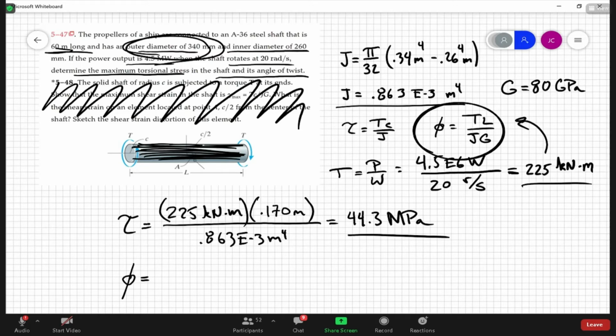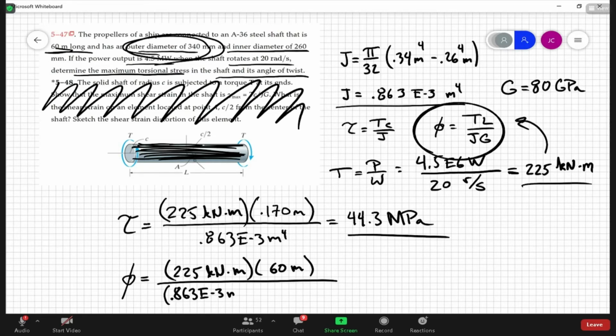So the torque is the 225 kilonewton meters, the length is 60 meters, and then J is the 0.863 times 10 to the minus 3 meters to the fourth. And then G is 80 times 10 to the ninth pascals. It's a gigapascal, right?